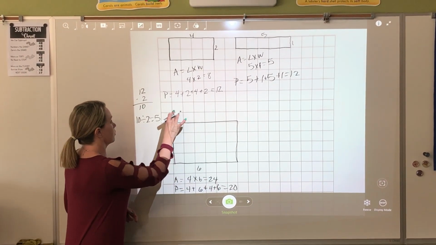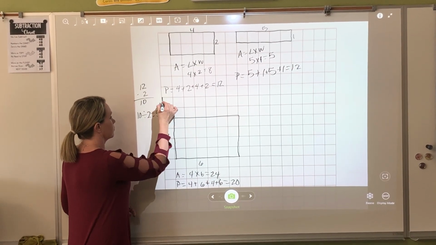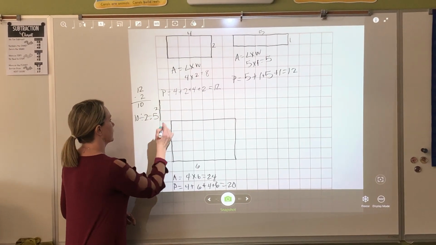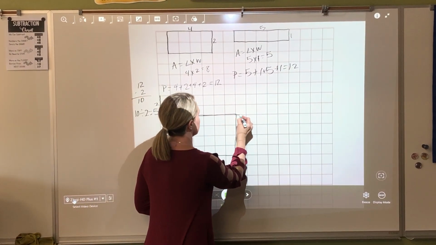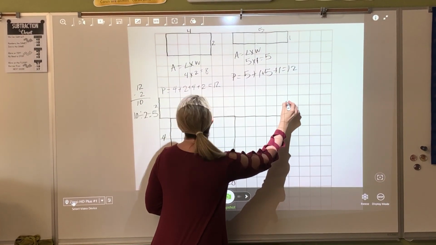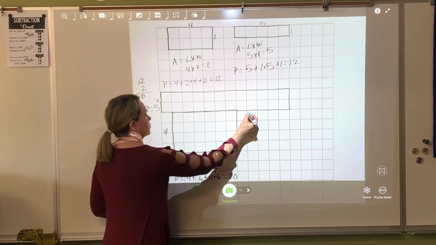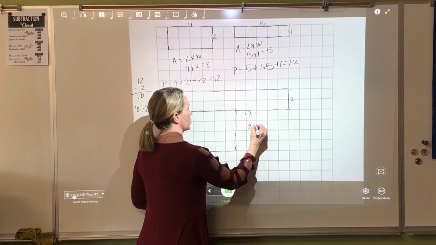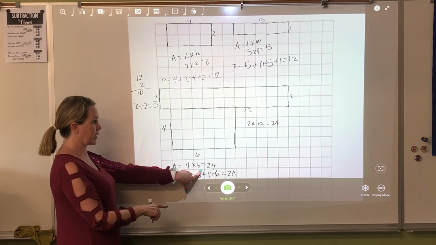So I'll come up here, go down 2, and go across 12. Finish my fence so my dog cannot get out. This side is 12, this side is 2. 2 times 12 is 24. So I have my same area.